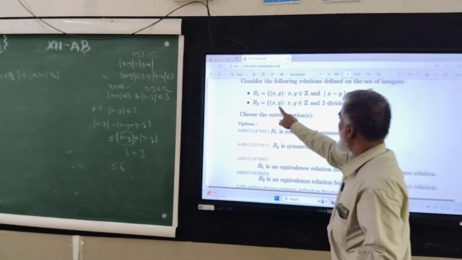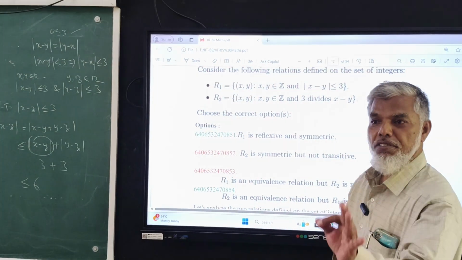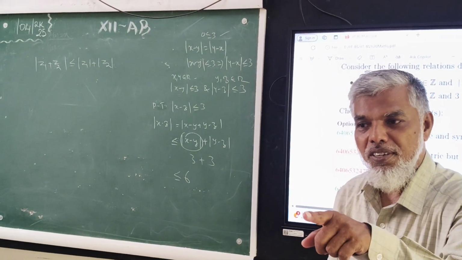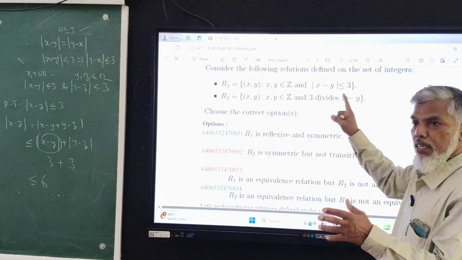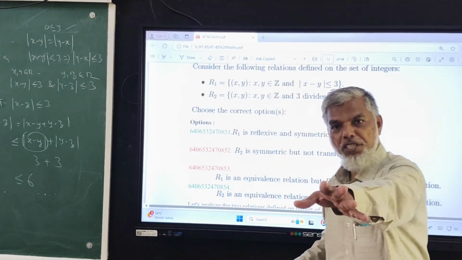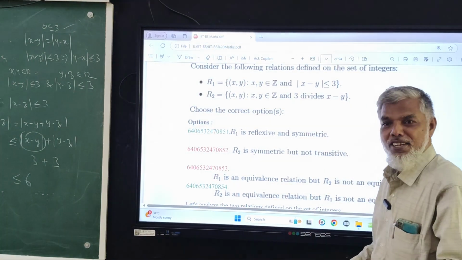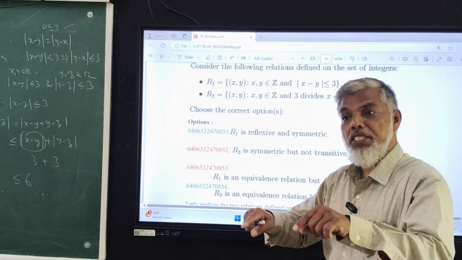Now look at the second one, (x, y) where 3 divides x minus y. Is it reflexive? Reflexive means x minus x, which is 0, and 3 divides 0. Reflexive, correct. Next, symmetry: x minus y and y minus x.